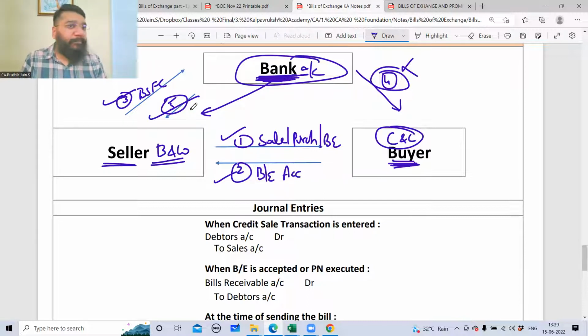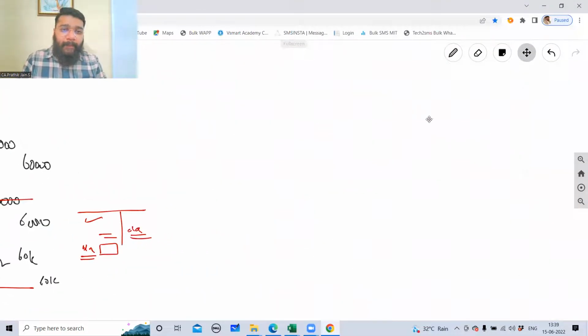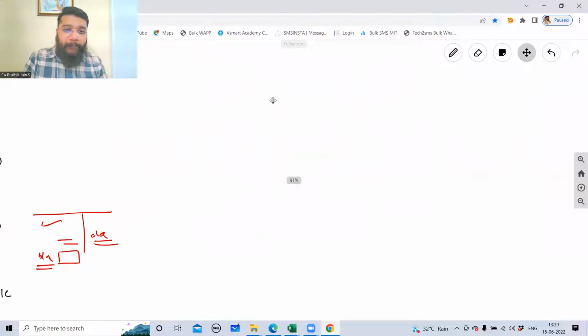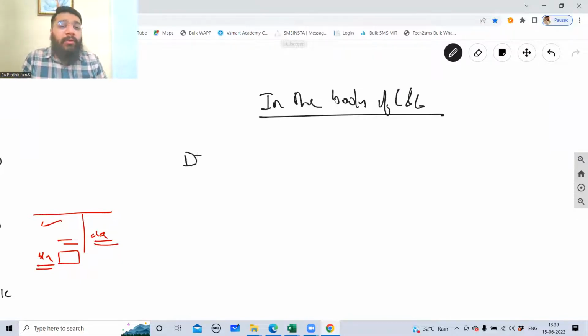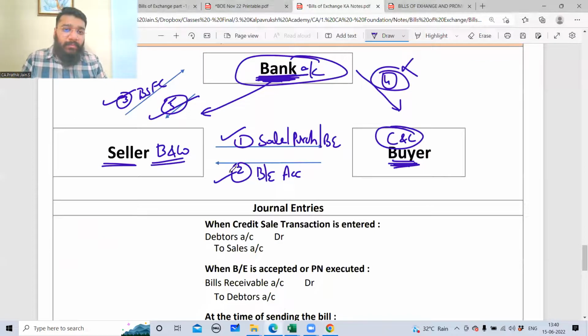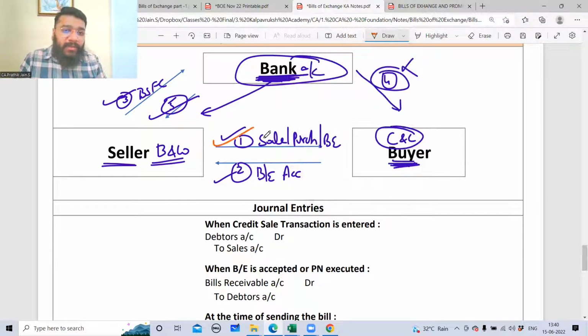Okay, now comes the books of the buyer, C and Co. In the books of C and Co, on the date of purchase, the entry will be purchase account debit to B and Co. 60,000. First transaction recorded.